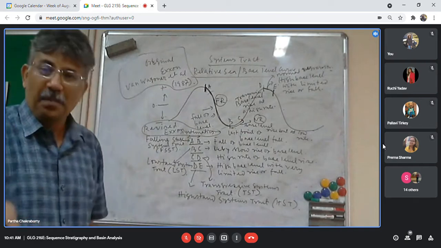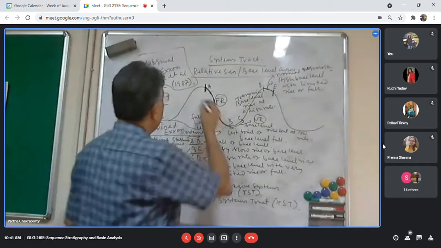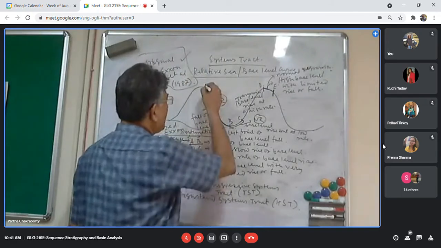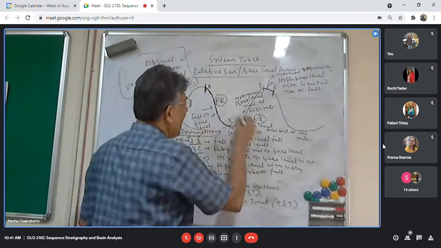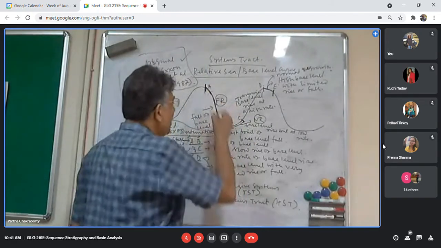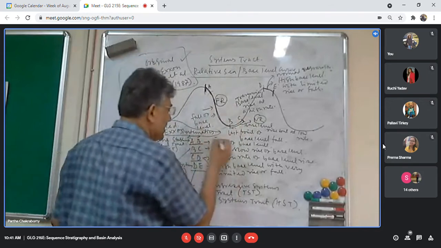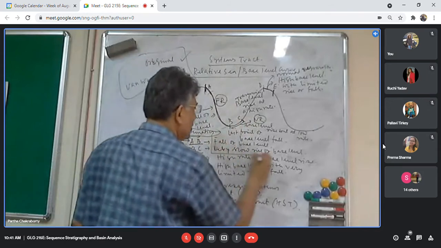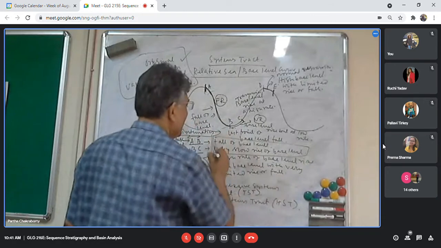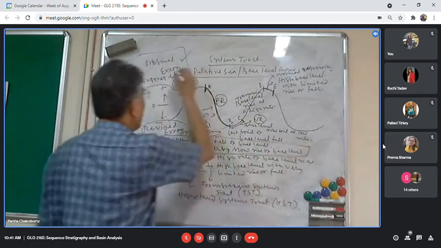When it was proposed, from here to here they were not divided into two different system tracts. These two system tracts were not proposed in the original.